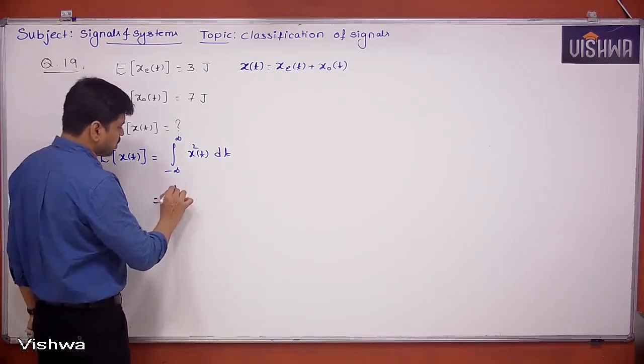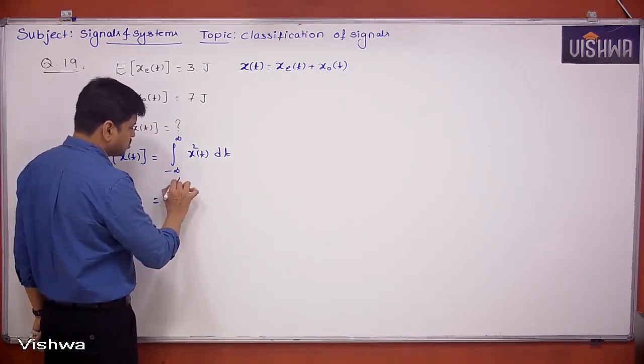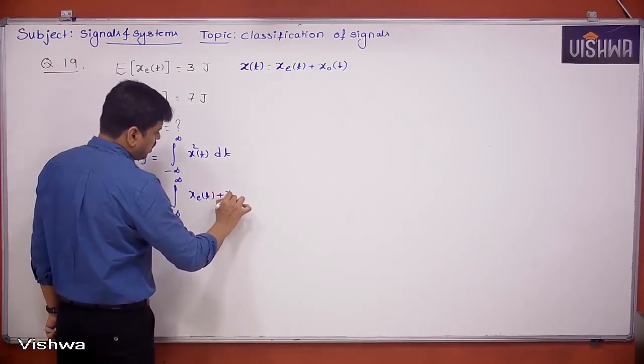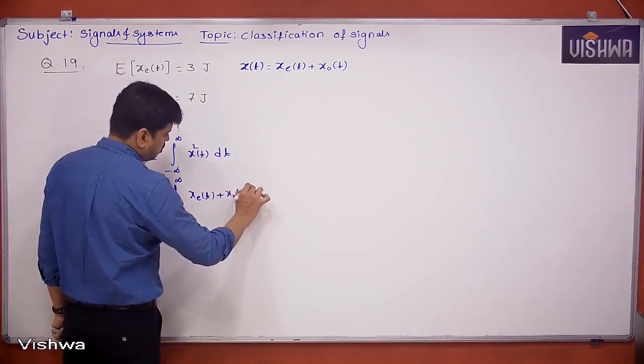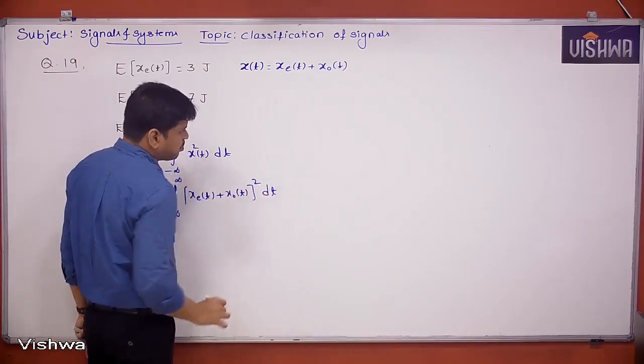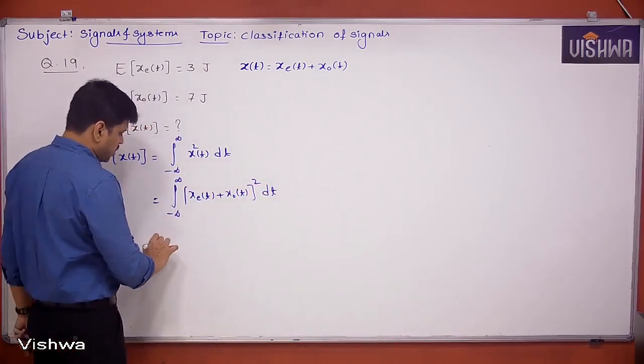Now I am substituting x of t is equal to x even part of t plus x odd part of t, whole square dt. Now I am just applying the (a plus b) whole square formula.